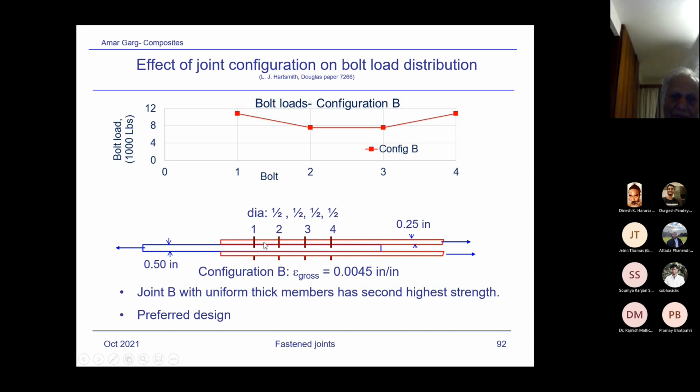Sometimes, although I'm showing constant fastener diameter, if the load on the first fastener is very high and it can't take the load, we'll increase the diameter of this fastener. But the danger is that the moment you increase the diameter, it will pick up even higher load. So a compromise solution has to be obtained when you are tweaking the diameters of the fasteners.